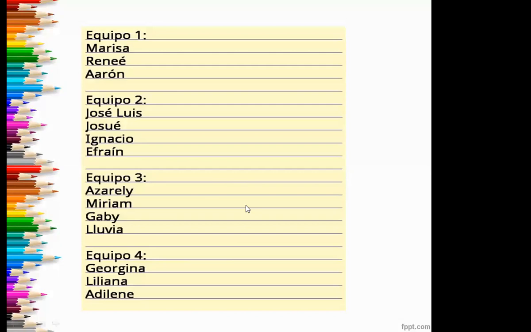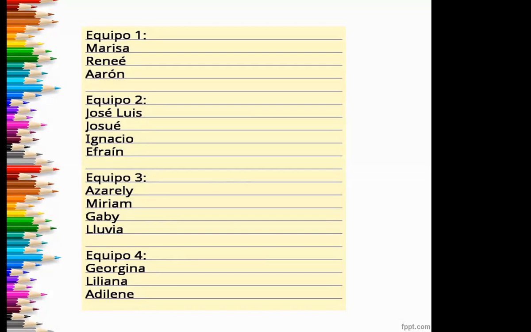Okay, guys, now, as you know, next week you're going to be working in teams. Here are the teams. Team number 1 is Marisa, Rene, and Aaron. If you want to take notes, team number 2 is Jose Luis, Josue, Ignacio, and Efraín.